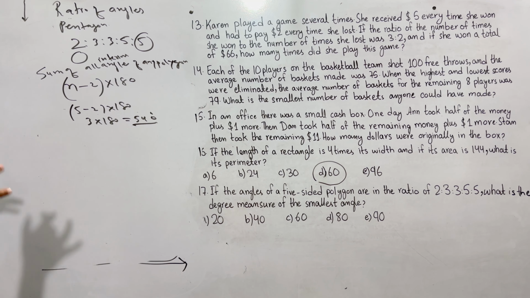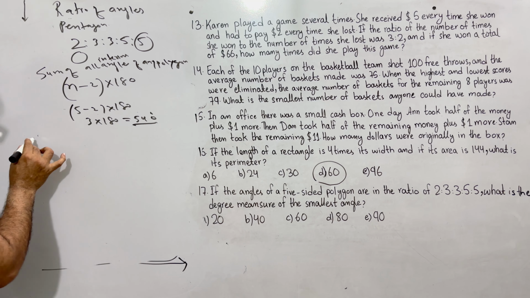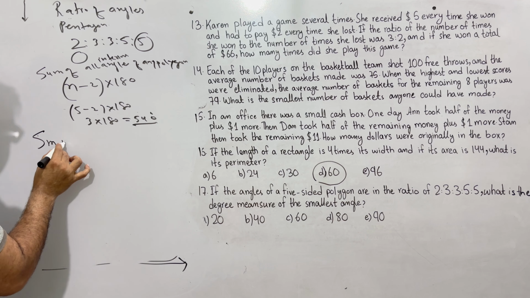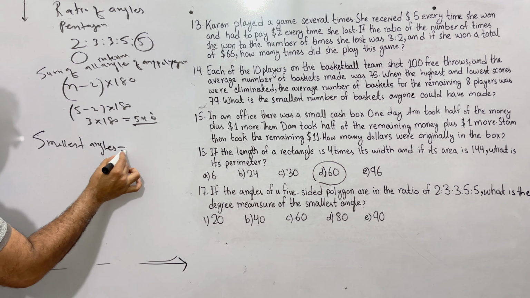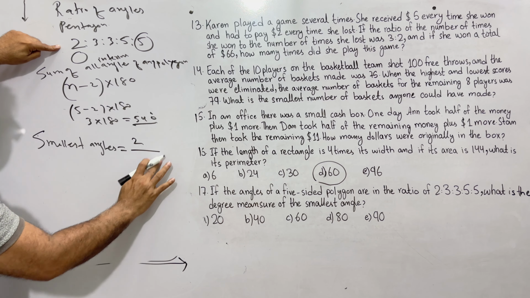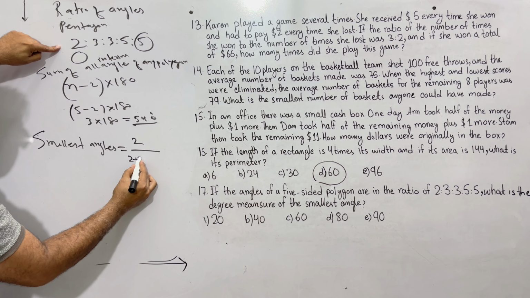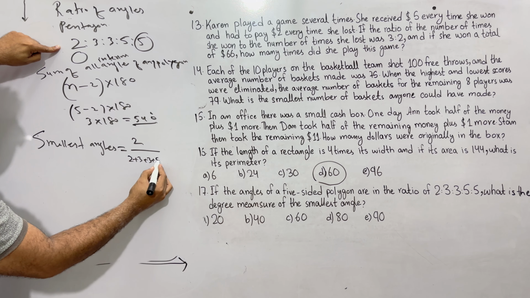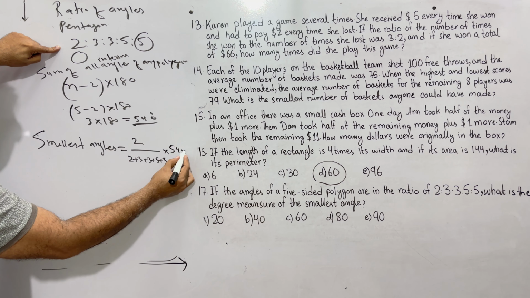We are asked to find the smallest one. The smallest corresponding ratio gives us the smallest angle. The largest corresponding ratio gives us the largest angle. Smallest angle is given by the corresponding ratio, 2, upon the sum of the ratios, 2 plus 3 plus 3 plus 5 plus 5, multiplied by the sum of the angles, that is 540.